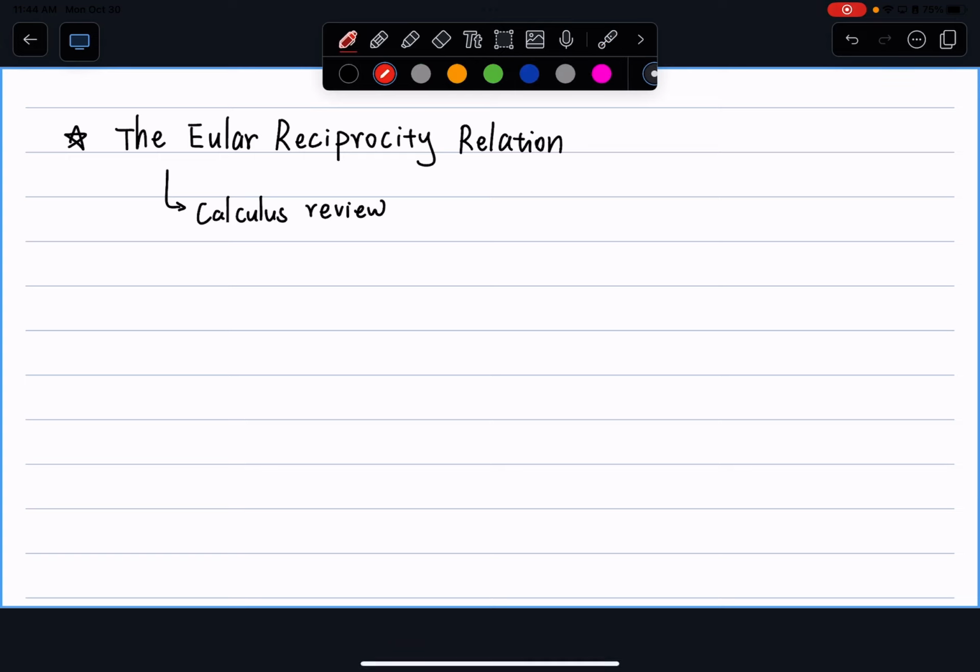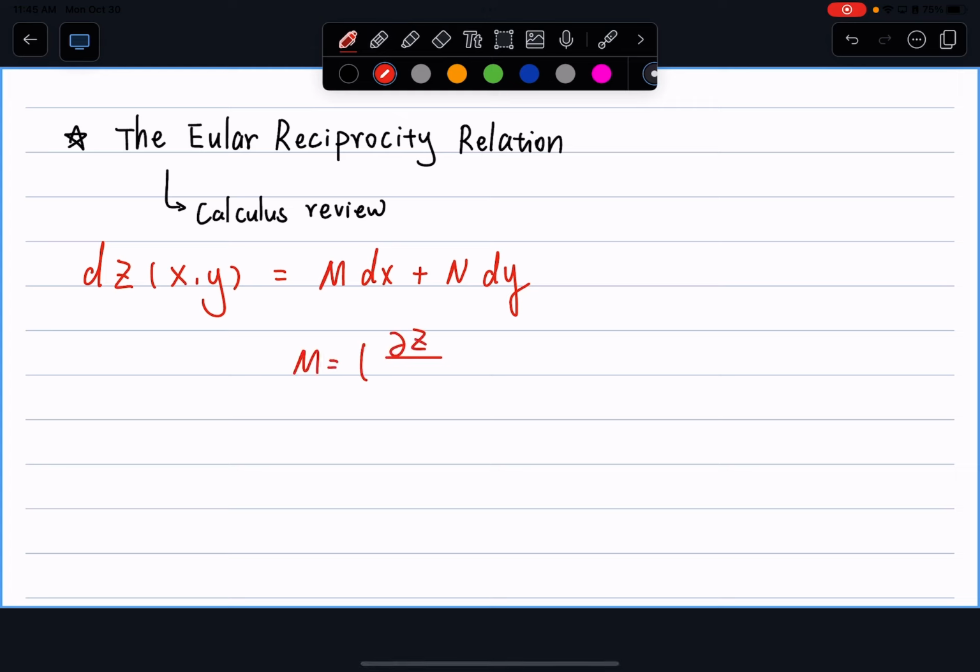When we're talking about a function, like some random function z, which is dependent on x and y, we rewrite that differential equation as dz = M dx + N dy. In this case, our M equals the partial derivative of z over x at constant y, and N equals the partial derivative of z over y at constant x.